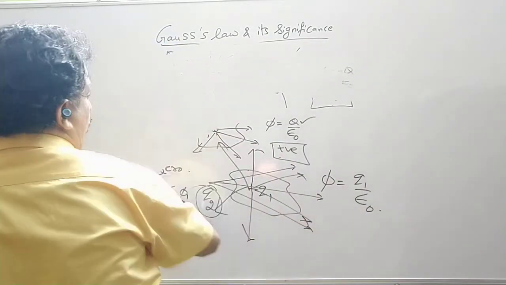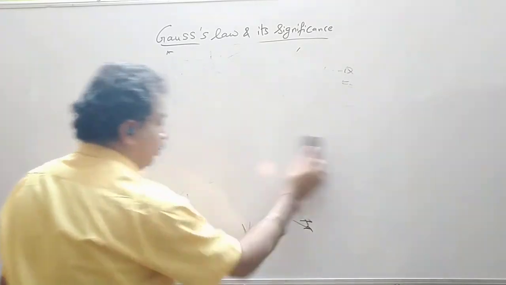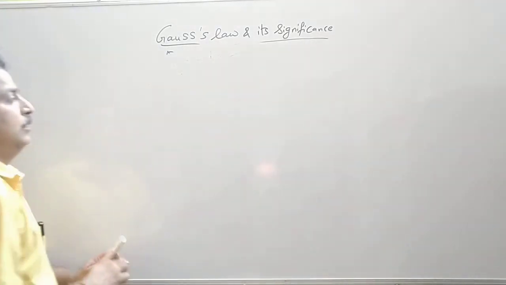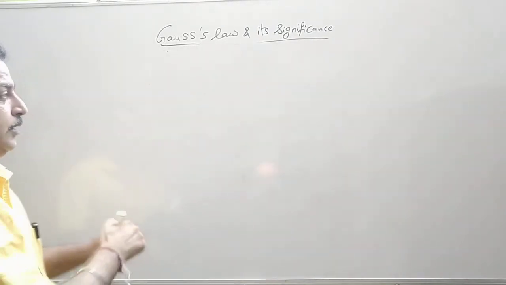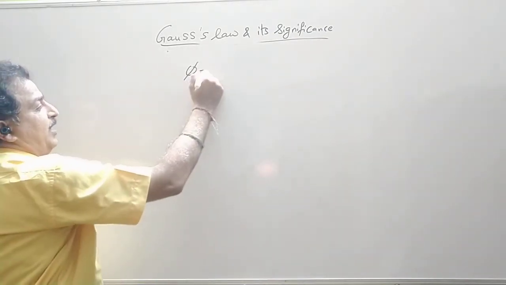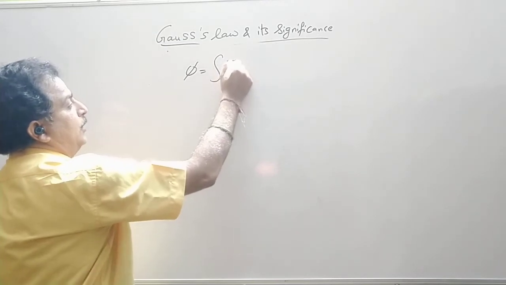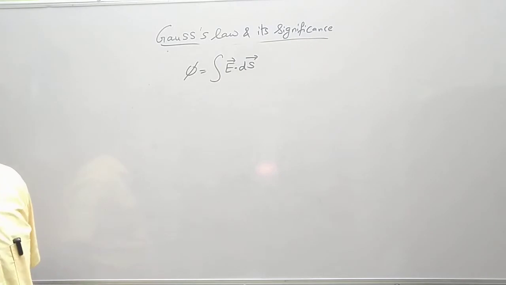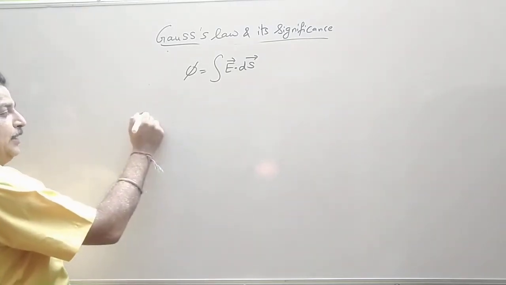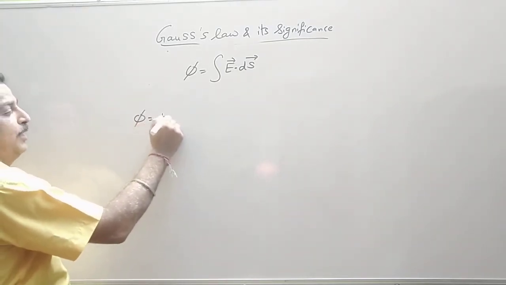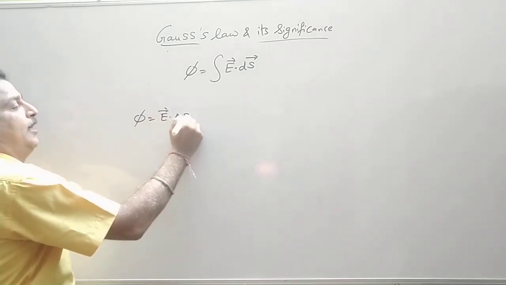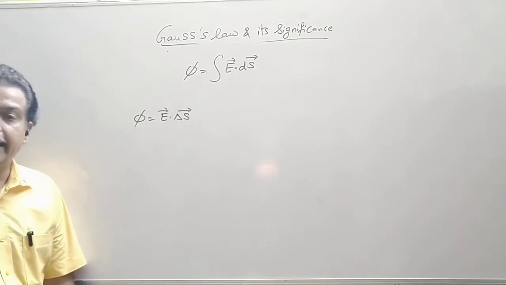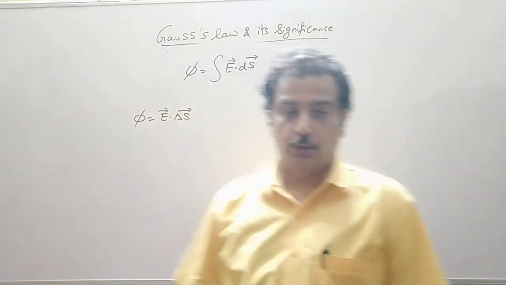So what is the conclusion from the Gauss law? There are 3 pairs of equation. The flux can be written as integration E dot ds if delta s tends to 0. If delta s does not tend to 0, the flux can also be written as summation E dot delta s. This is the equation for the limit delta s tends to 0.